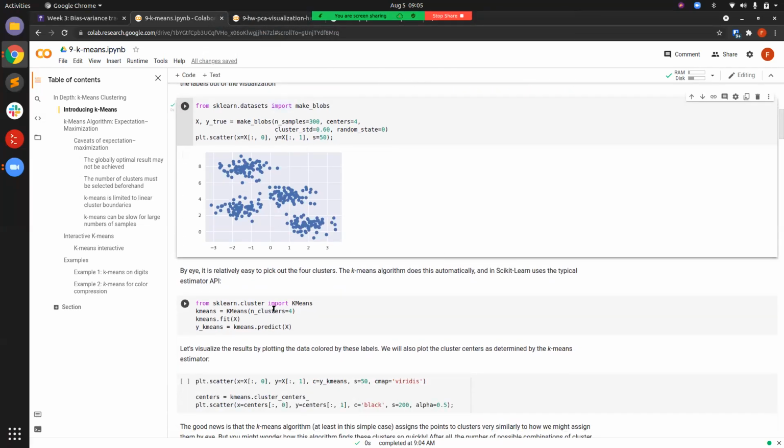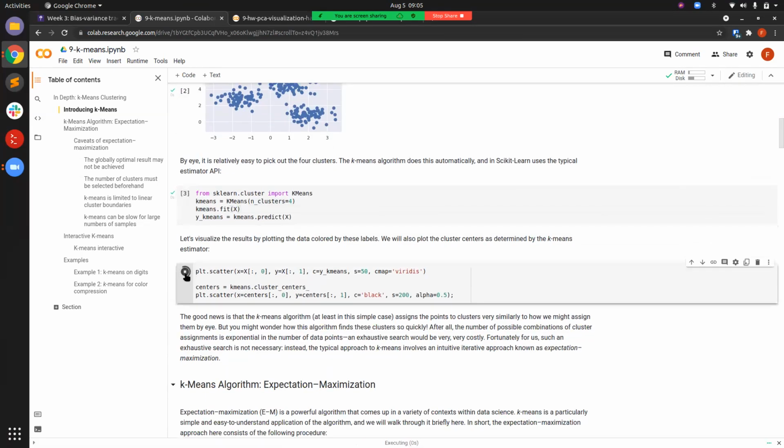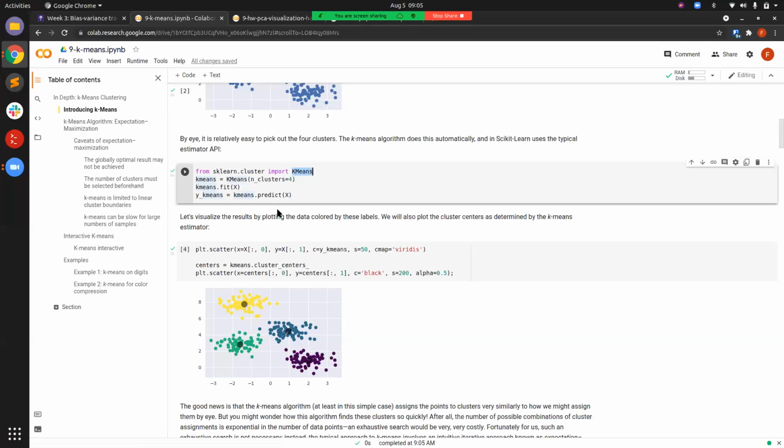Okay, so looking at this data, it's pretty easy to pick out 4 clusters. Right? So we can visually see that there are roughly 4 clusters of the data. And I can import the sklearn k-means clustering method. Just like all the other sklearn models we've looked at before, it supports a fit method and a predict method.